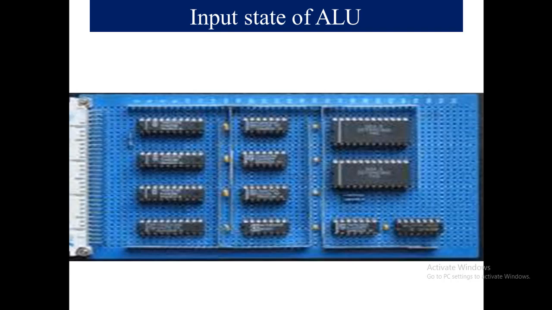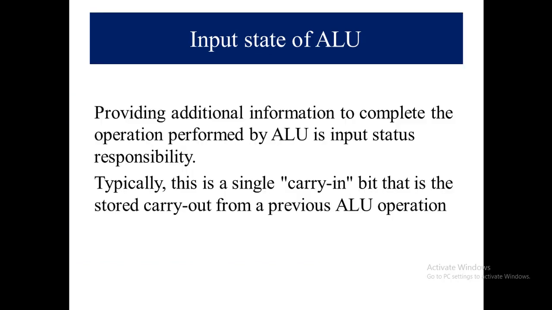So the first and primitive state of the ALU is the input state. We have discussed the operational state and output state. Now the third one, or you can say the first one which we are discussing last, is the input state. Providing additional information to complete the operation performed by the ALU is the input status responsibility. Typically, this is a single carry-in bit, that is the stored carry-out from a previous ALU operation.